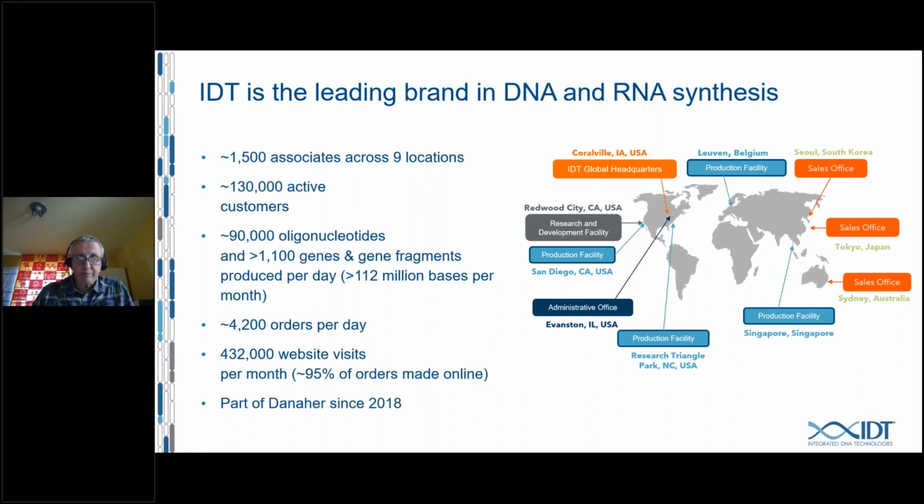For Europe, we have a production site in Belgium, and for the Asia Pacific, we do have a production site in Singapore. On an average day, we will produce around about 90,000 oligos spread over something like 4,200 orders. Worth mentioning is that as of 2018, IDT has become part of the Danaher set of operational companies.